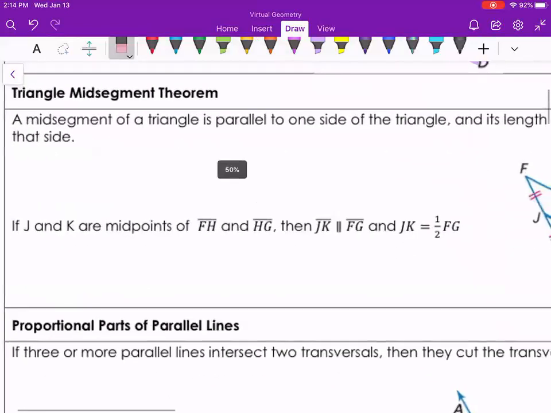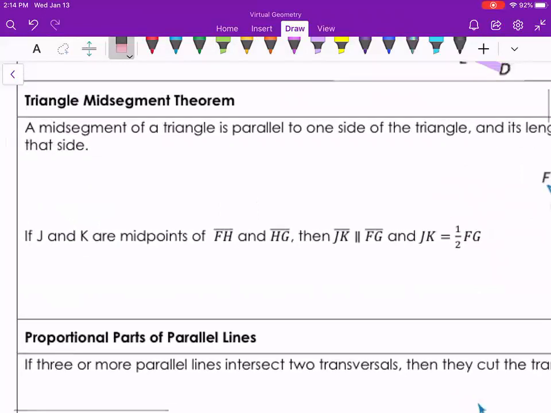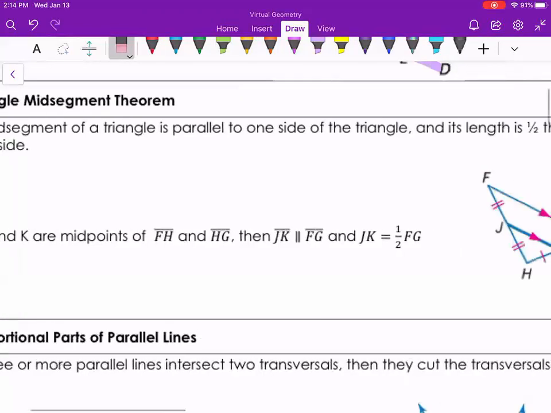All right, now also with parallel parts of our triangles, you get what's called the triangle mid-segment theorem. So just like we talked about, midpoint is the point that cuts the shape or the segment in half. Mid-segment is a segment that connects midpoints. So a mid-segment of a triangle is parallel to one side.